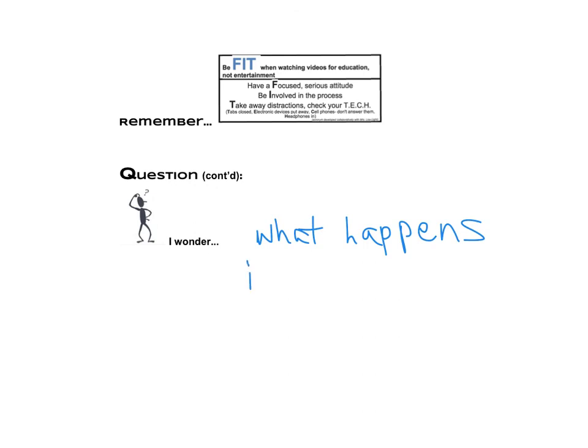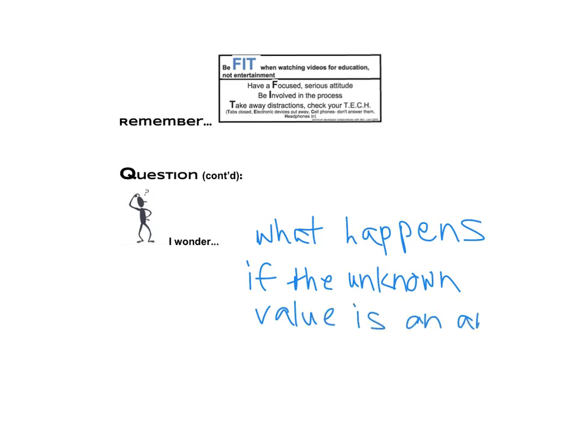What happens if we have a diagram where the unknown value is an angle? That's a good question. You're just going to have to be patient and wait until our next video, 5D, to talk about how we go backwards from knowing the ratio and finding the angle instead.